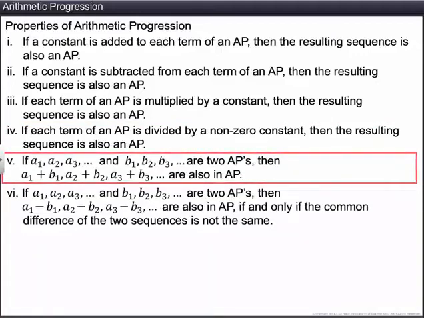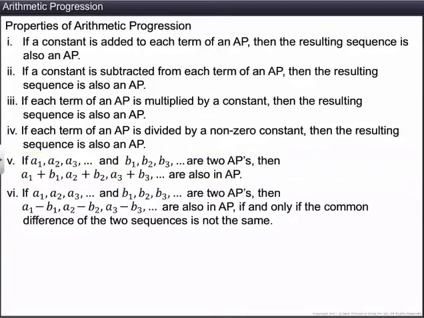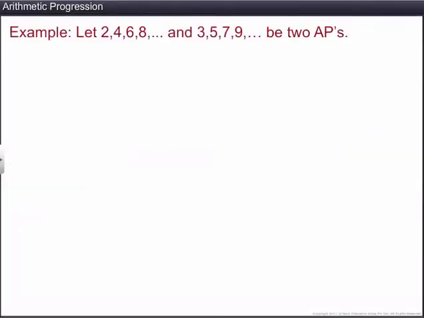Let us consider two arithmetic progressions, 2, 4, 6, 8 and so on, and 3, 5, 7, 9 and so on. On adding the corresponding terms of the two arithmetic progressions, we get the sequence of terms 5, 9, 13, 17 and so on.